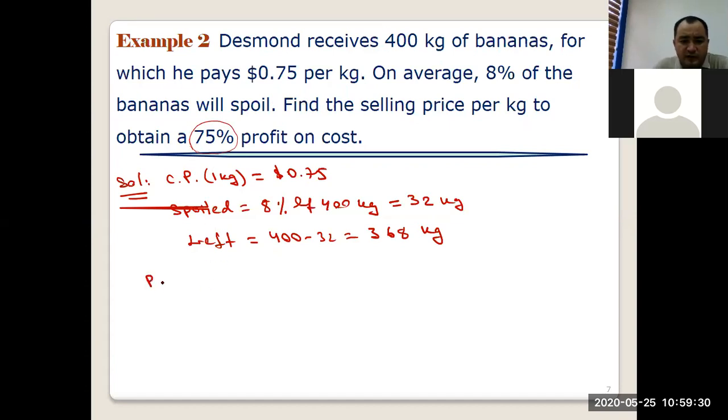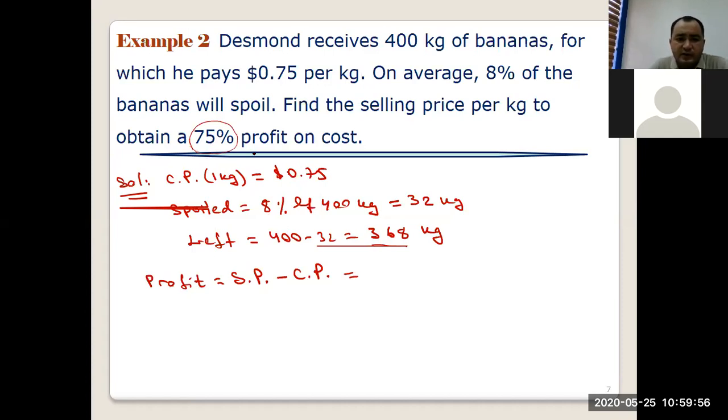Our profit is the selling price minus the cost price. Do we know the cost price? It is 0.75, right? And how about the selling price? We have this many bananas, and we are going to sell them at 75% profit.